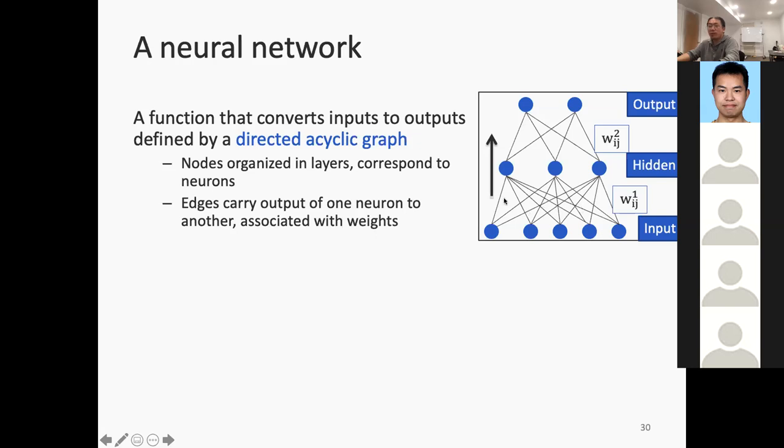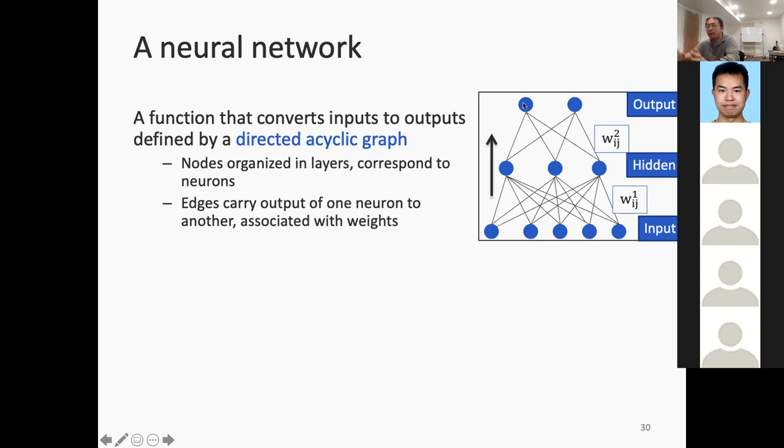You can see there are a lot of edges, right? Each edge connects a pair of nodes. Usually, people just connect nodes in successive layers. So you can say this edge connects one node in the input layer and one node in the hidden layer, and this edge connects one node in the hidden layer and one node in the output layer.